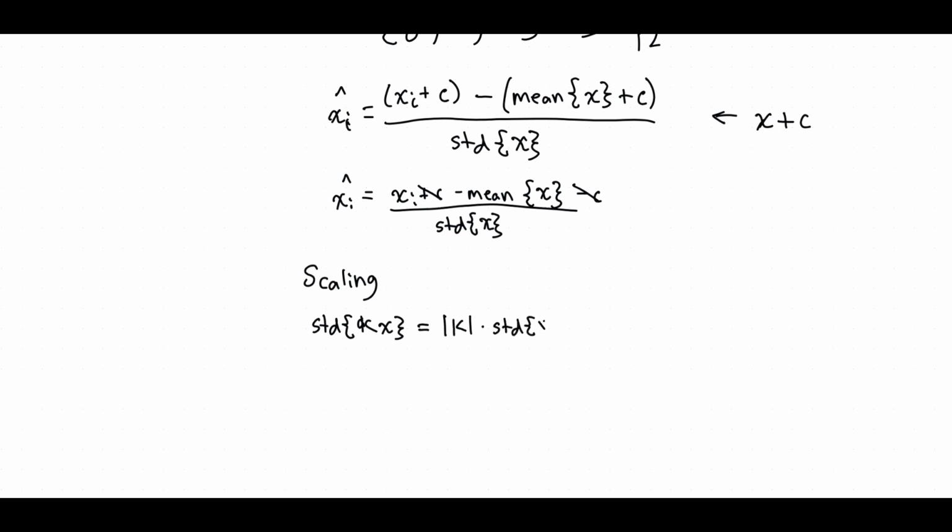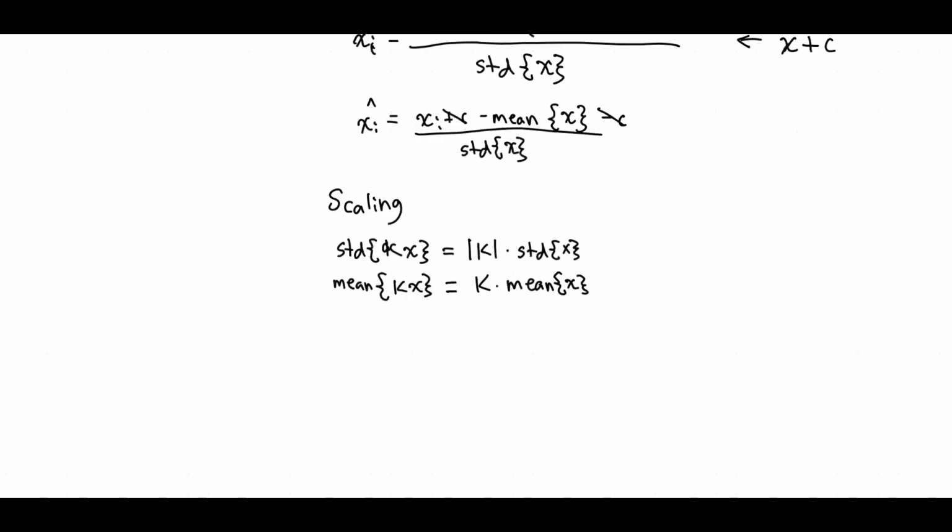And let's remind ourselves what happens to the mean as well. You can convince yourself of this by just plugging it in, but the mean also increases by k. So that's k times the mean of x. Perfect. And then, of course, every single element in x will increase by that amount.